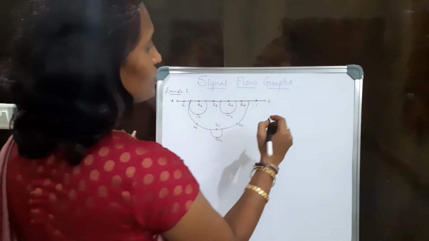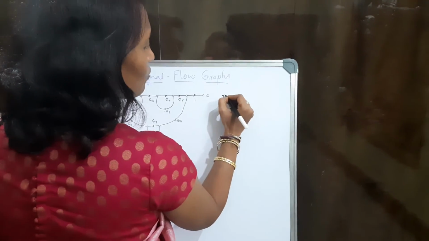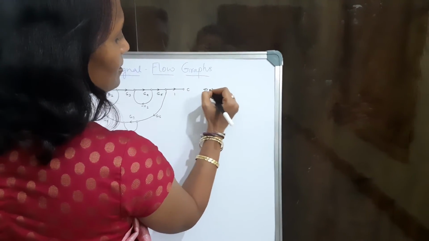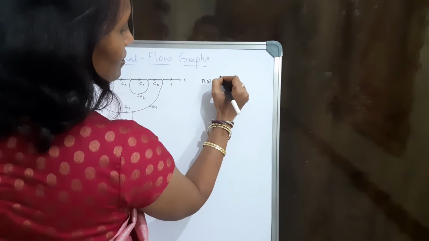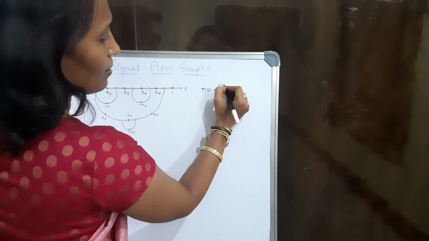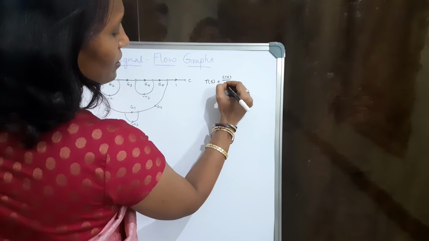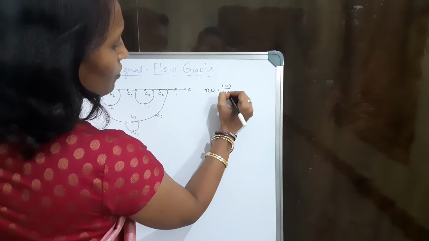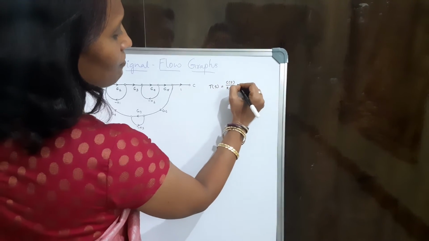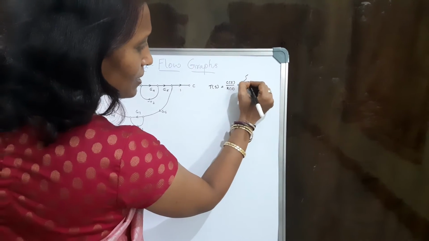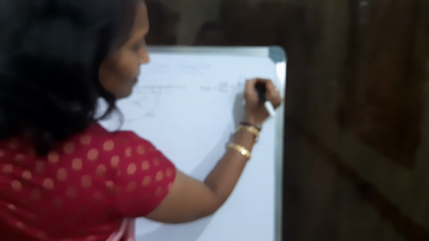The first and foremost thing is to write down the formula, that is Mason's gain formula. T of S is given by the ratio of Laplace transform of output to Laplace transform of input, that is C of S by R of S, which is given by summation for all values of k, Pk delta k upon delta.